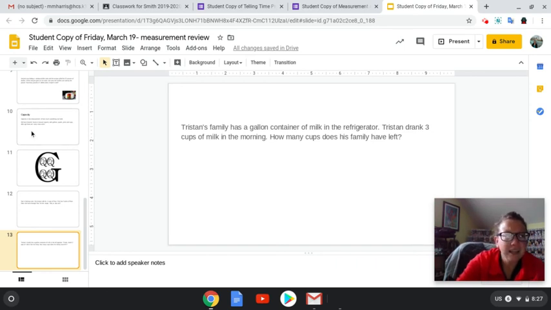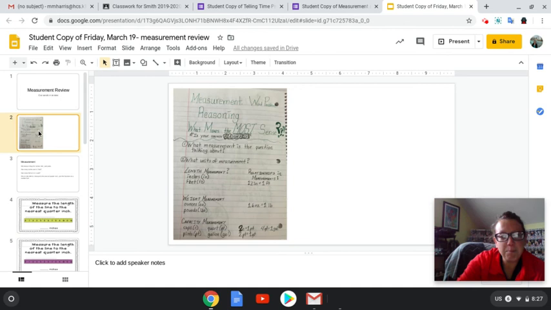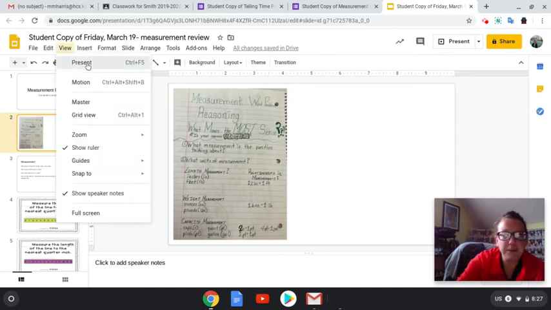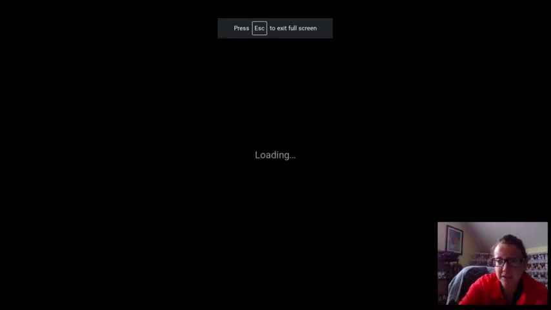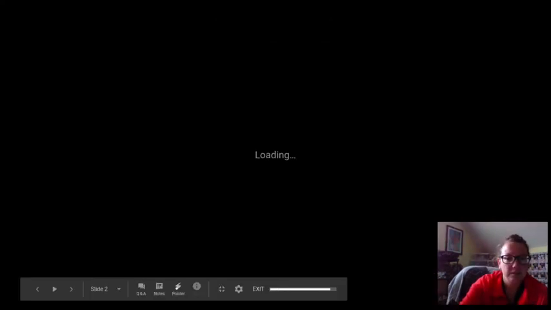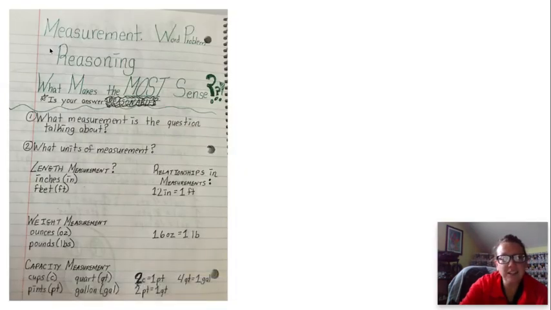I want you to look up here and look at our notes. I'm going to make it bigger for you because I really want you to see this. All right, let's look here. The main thing to remember when you're doing measurement is what measurement is the question talking about? Is it asking you to measure how long something is or the distance?